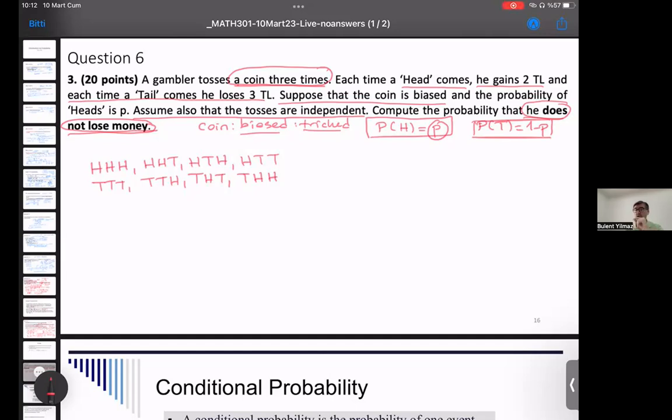I'm not saying that this is correct, but this is how we should understand the question. What does it mean, not losing money? In what situation does the gambler not lose money?